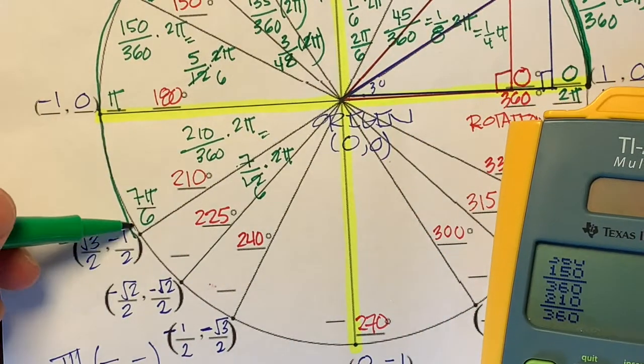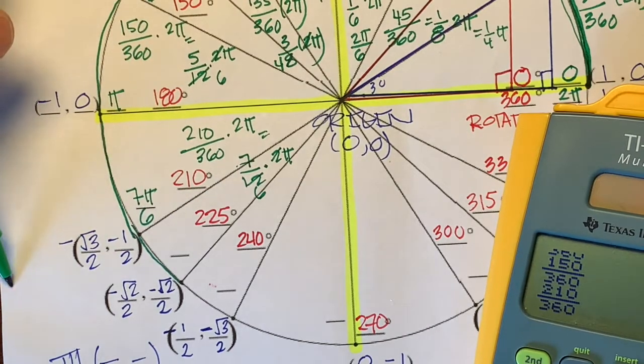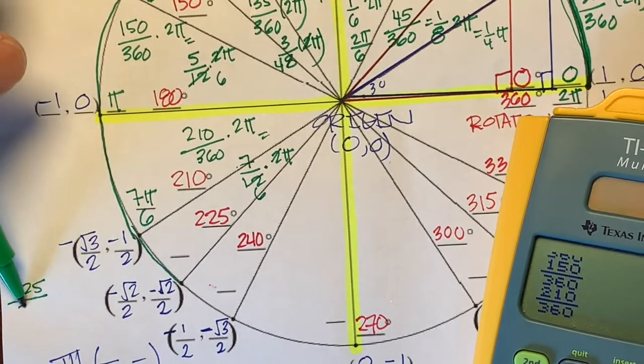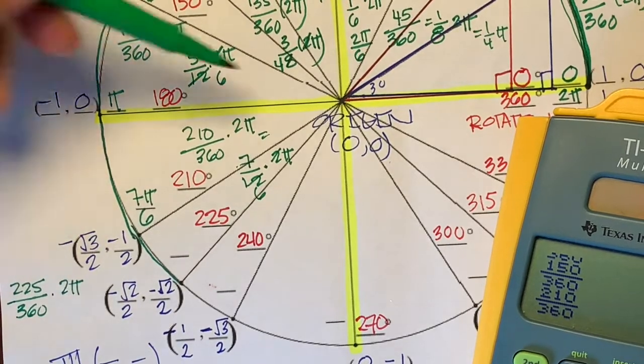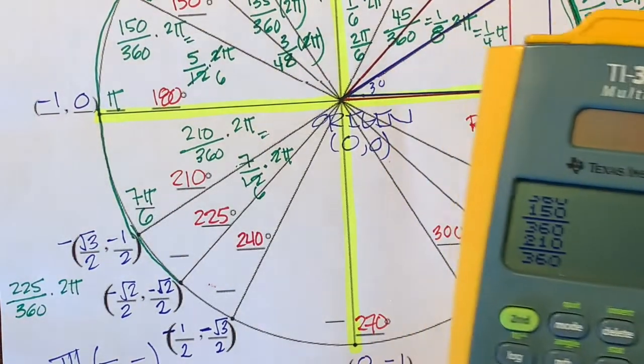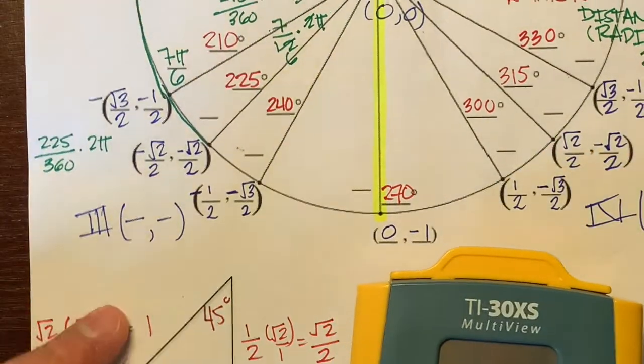Let's just keep going. This 225. Let's do it over here. 225 out of 360 times 2 pi. So we're rotating only 225 degrees out of the 360 degrees.